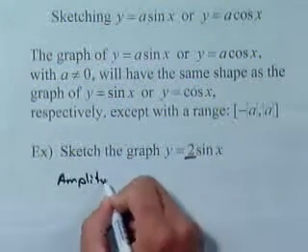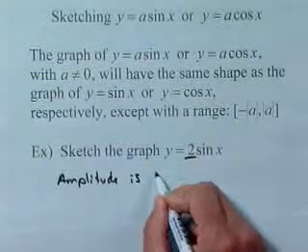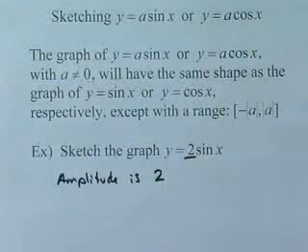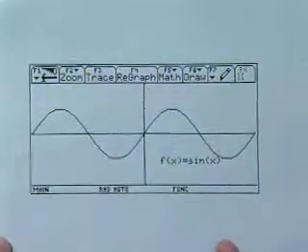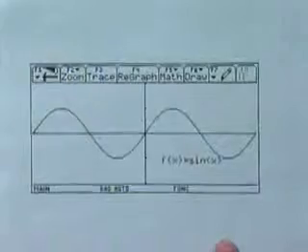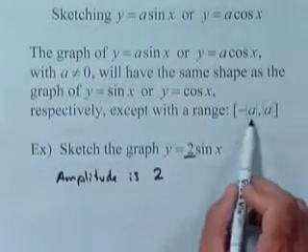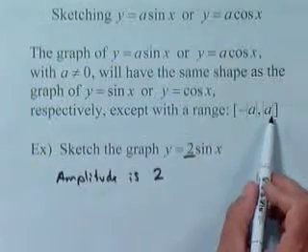So the graph is going to be the exact same shape as sine x. So here's our old friend sine x, except the range is going to be negative absolute value of a to positive absolute value of a.